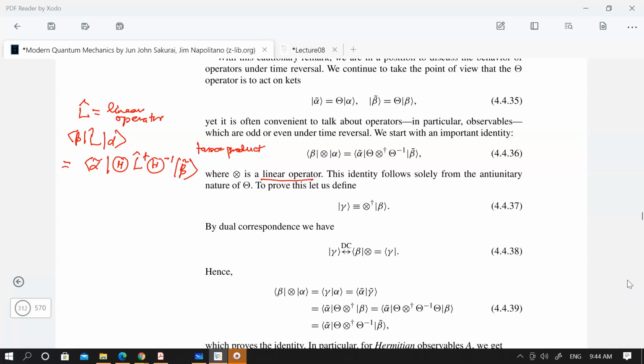Let me mention the other thing. Remember that your beta tilde is just capital theta times beta. I can just multiply the inverse on both sides of the equation, then I actually have this.